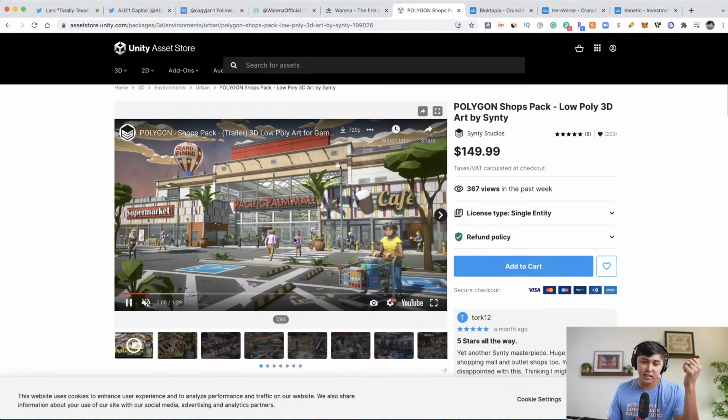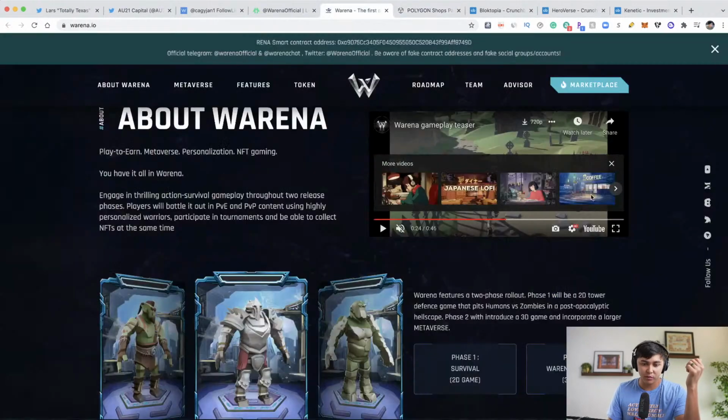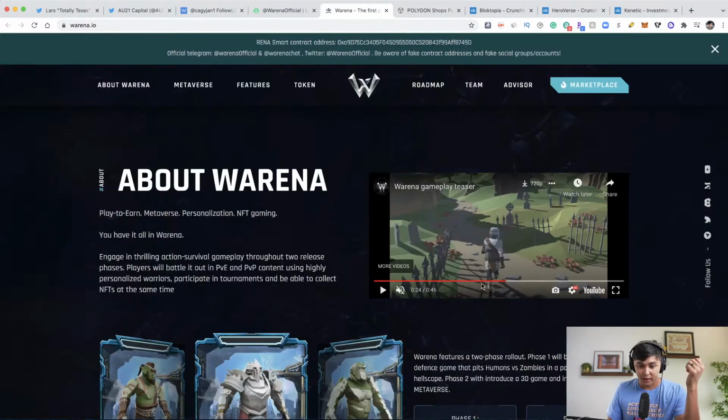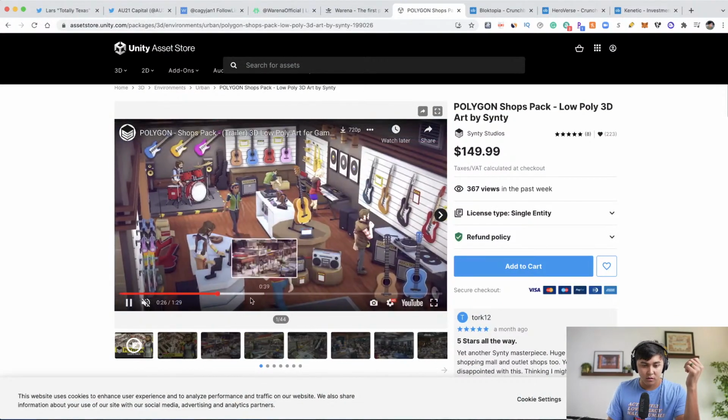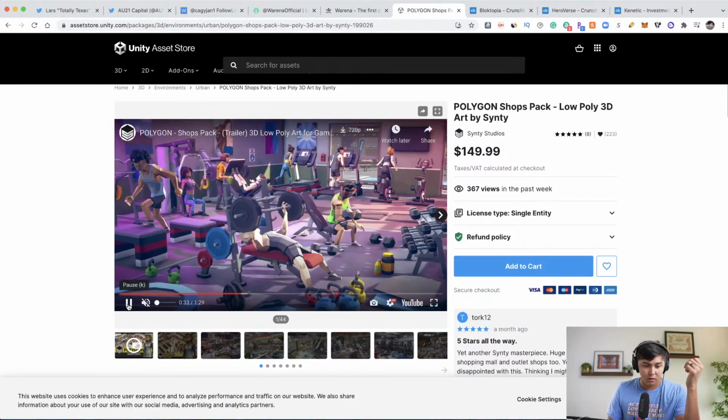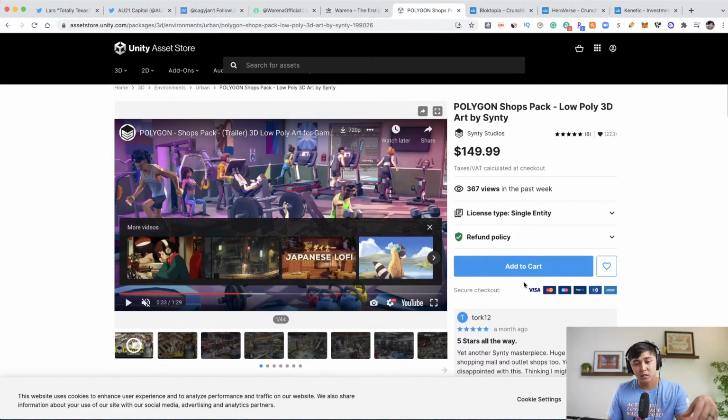So this is the asset set. You could see that it's a polygon type of look, and it looks kind of the same. And this is an actual pack that you can buy, and it's only like 150 bucks.